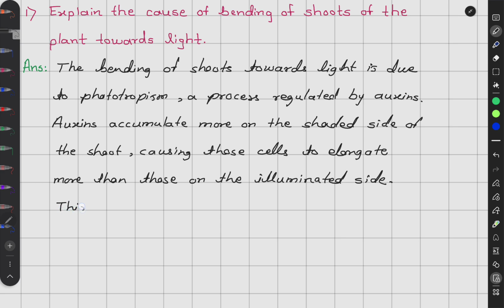This differential growth leads to the shoot bending towards light.